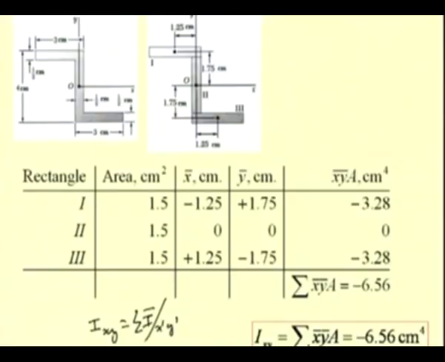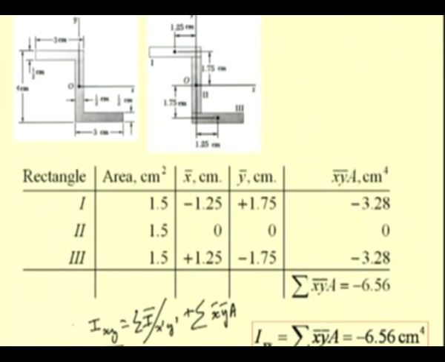So, this quantity becomes 0 plus this sigma x bar y bar A, and this is the quantity that we have just found, that is minus 6.56, and that gives the product of inertia Ixy of this complete section or area with respect to this OXY axis.